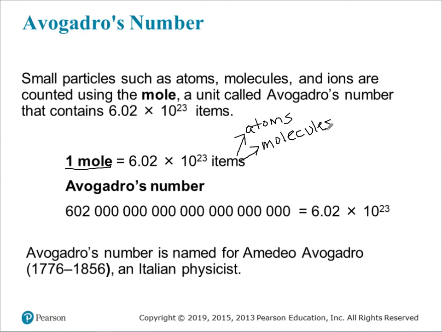So when we start doing this, I will usually say number of things, okay? Avogadro's number is really, really big. 10 to the 23rd, that's a lot of zeros. I would like to have that in my paycheck. So that's Avogadro's number.